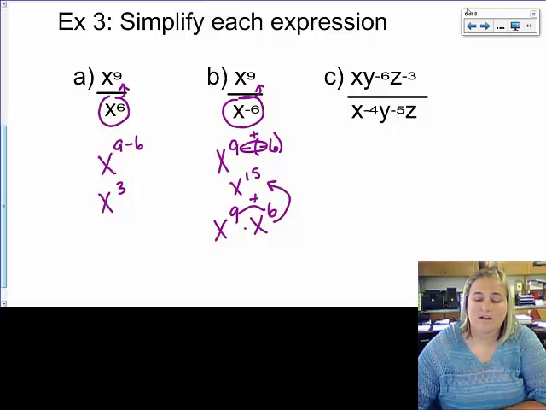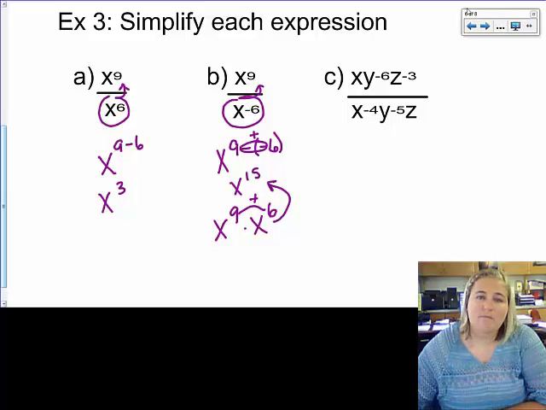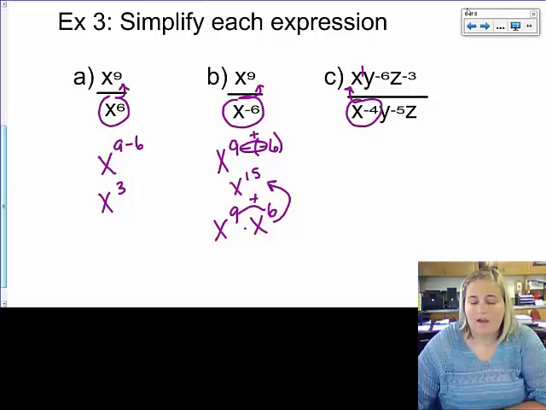On this one, I'm going to move anything that I need to make sure that my exponents are positive in the end. So here, this x is raised to what power? If we don't show a power, we know that it is automatically understood to be a 1. So I have x to a positive 1 and x to a negative 4. That means that I want to move the negative up.